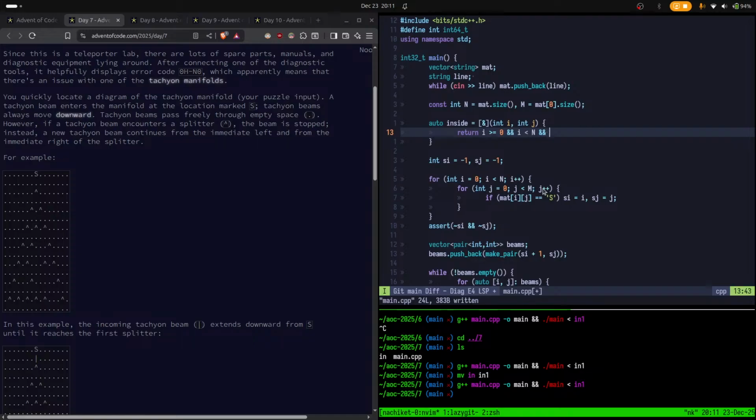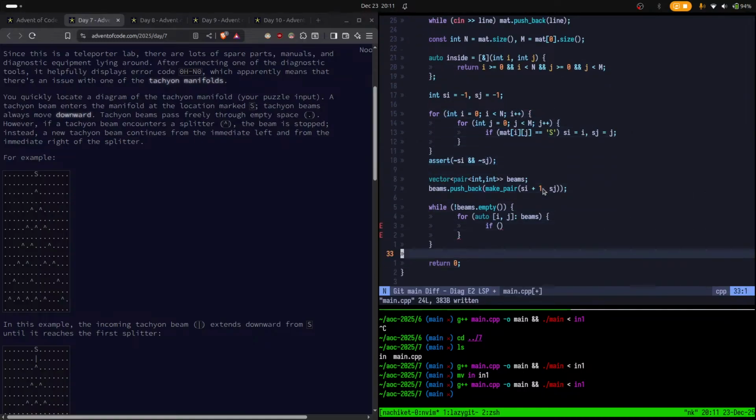This function will help me find out the correct side.